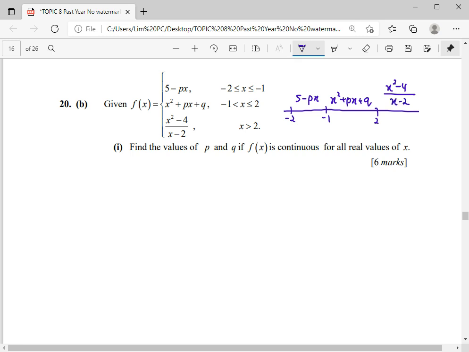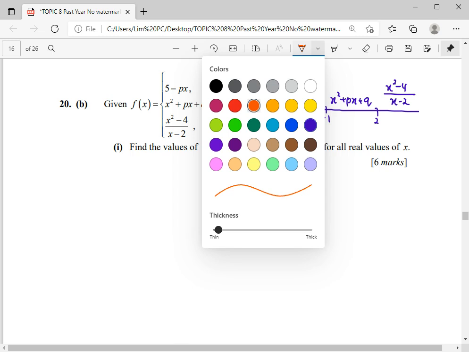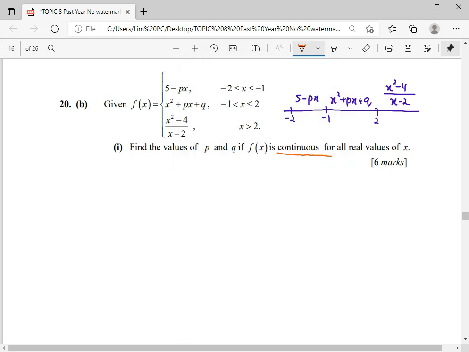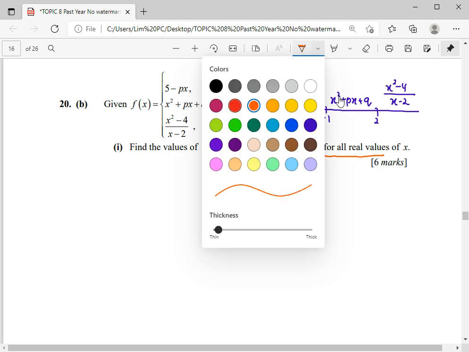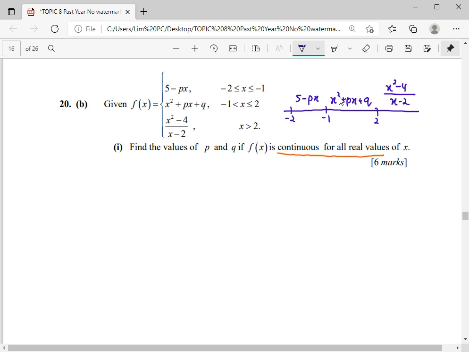The question says the function is continuous for all values of x, meaning this left part, the middle part, and the right-hand part must be continuous. In order to make them continuous, we use limits.